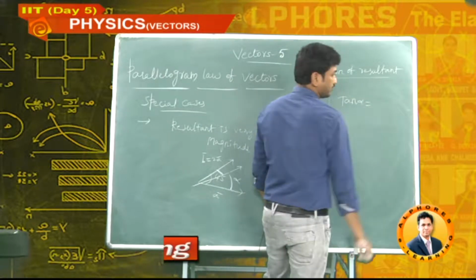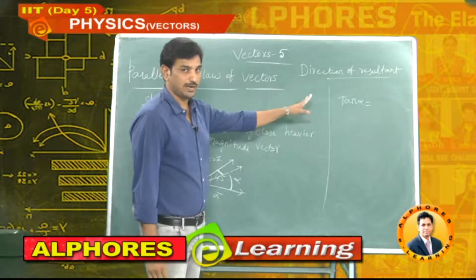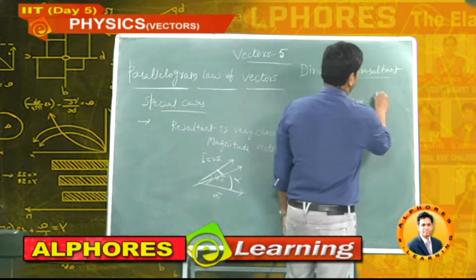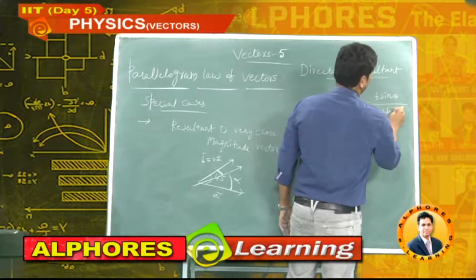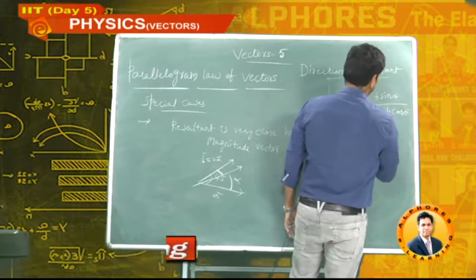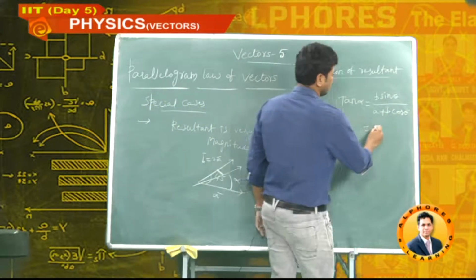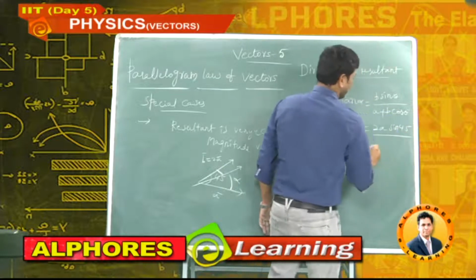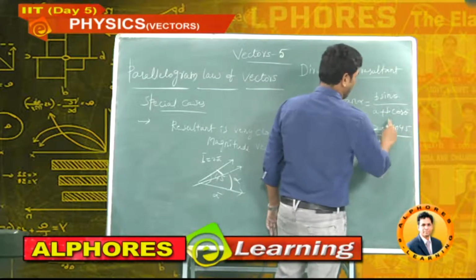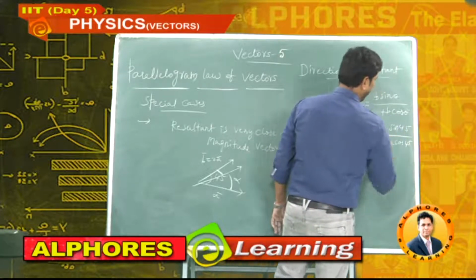As per the derivation of the parallelogram law of vectors, we have the formula tan alpha is equal to b sin theta by a plus b cos theta. The B value is 2a, so the numerator is 2a sin 45. Now a plus b is a plus 2a cos 45.